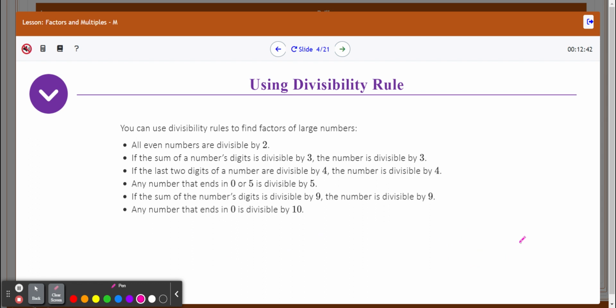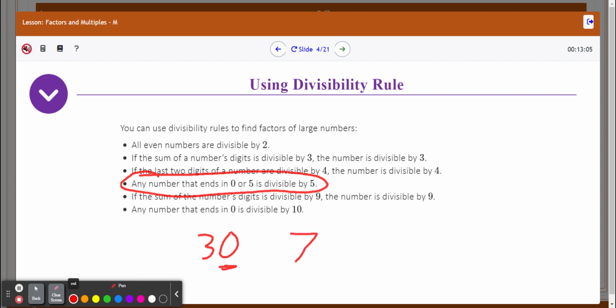The next rule is the divisibility by 5 rule. This one's pretty straightforward also. What it's saying is if the last digit is a 0 or 5, the whole thing is divisible by 5. So for example, if you have the number 30, the last digit in 30 is a 0, meaning it's divisible by 5. What about 75?